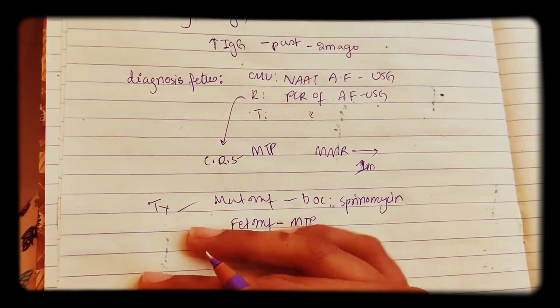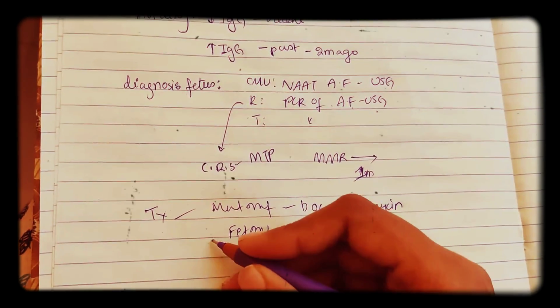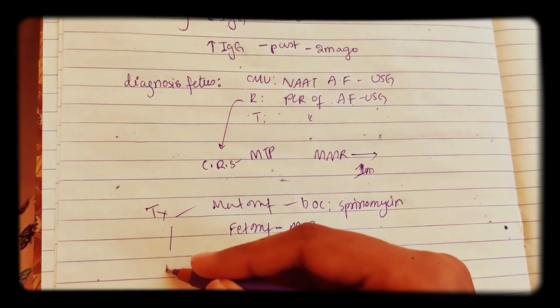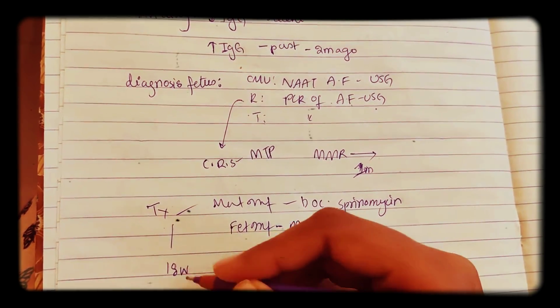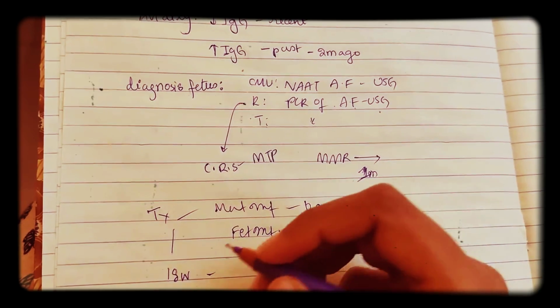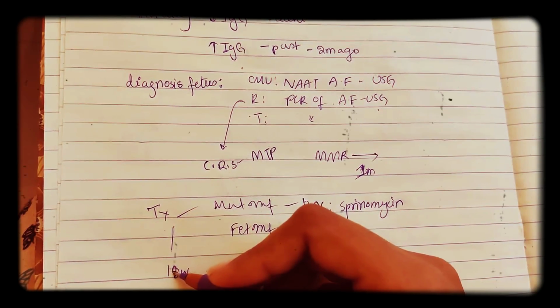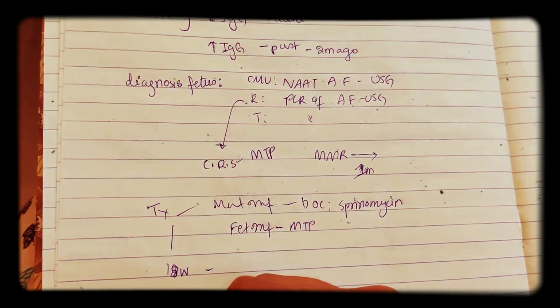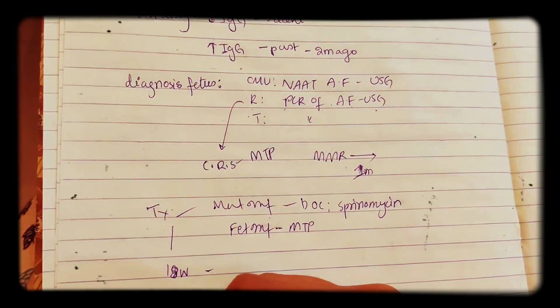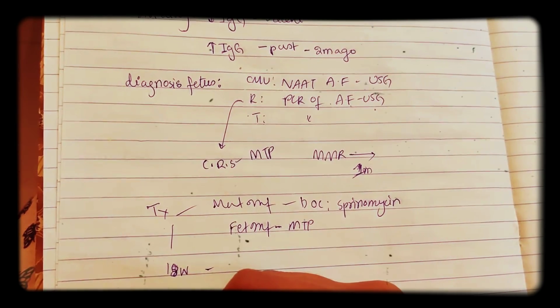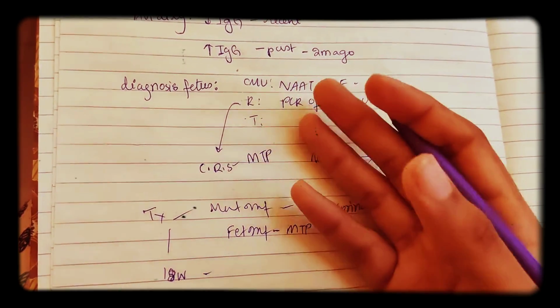If a female gets toxoplasma after about 18 weeks of pregnancy, then by this time even the toxoplasma may enter the fetus, right? So now we need to give a drug which should go even to the fetus. That means it should cross the placenta.